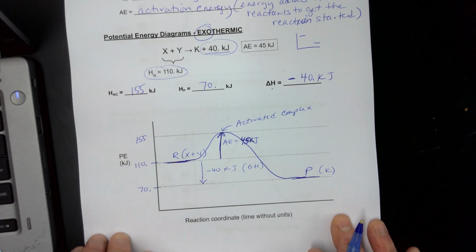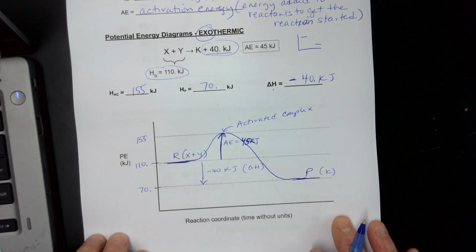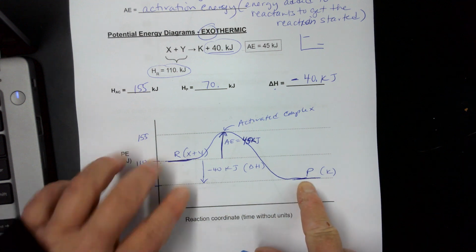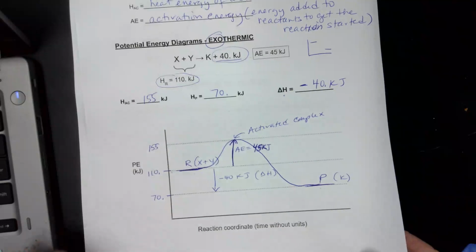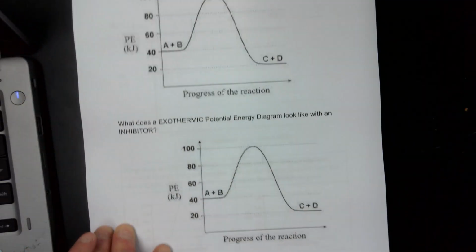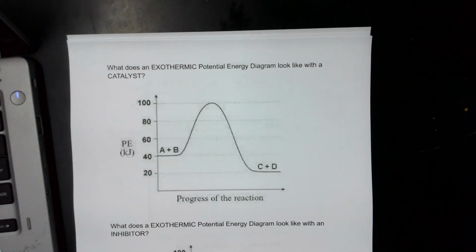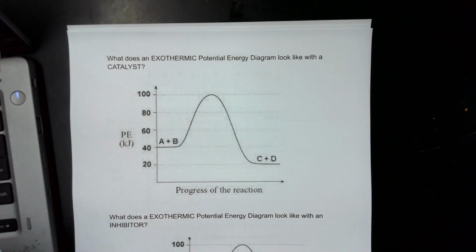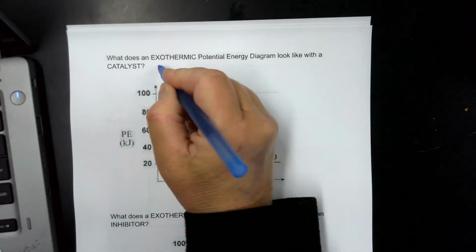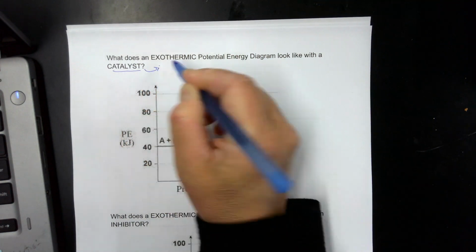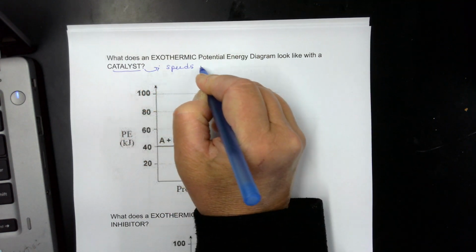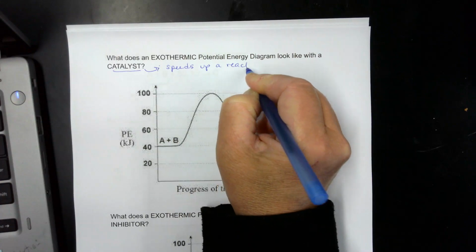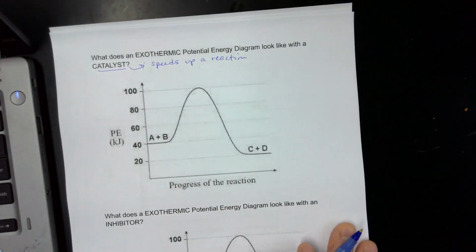So this is how you can interpret a potential energy diagram for an exothermic reaction where reactants start high and products end low. Now let's see what happens when we take that exothermic potential energy diagram and we add a catalyst. Remember, a catalyst speeds up a reaction, and it's not part of the chemical reaction.